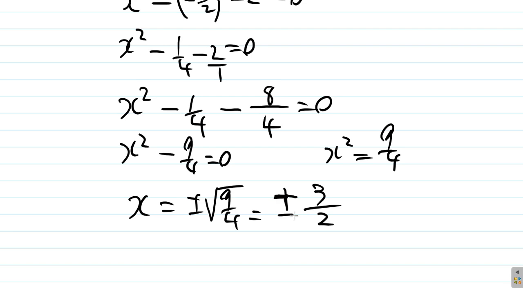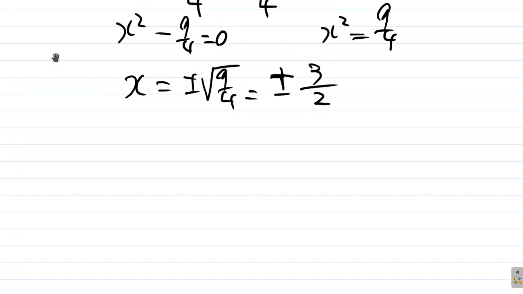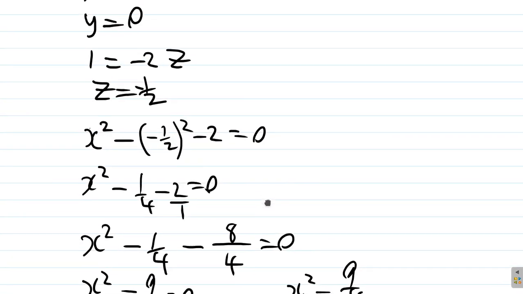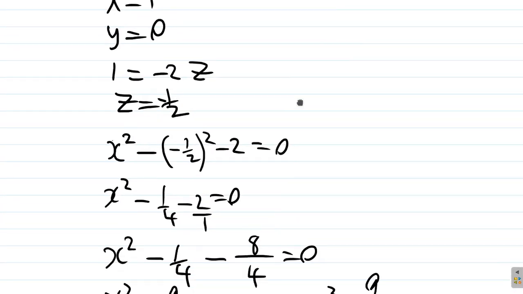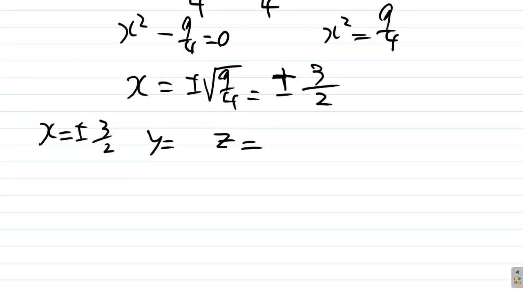So here now, we have x, y, and z. Let's summarize them. x is equal to positive and negative 3 over 2. y is 0. And what was z again? Negative half. z equals negative half.